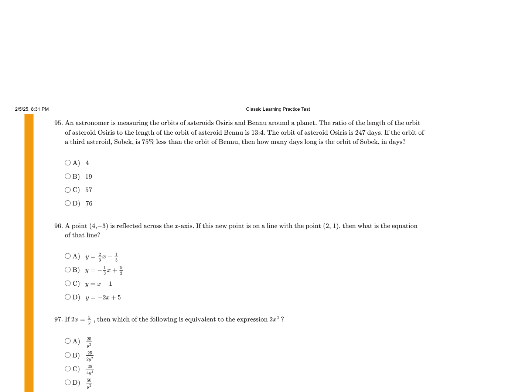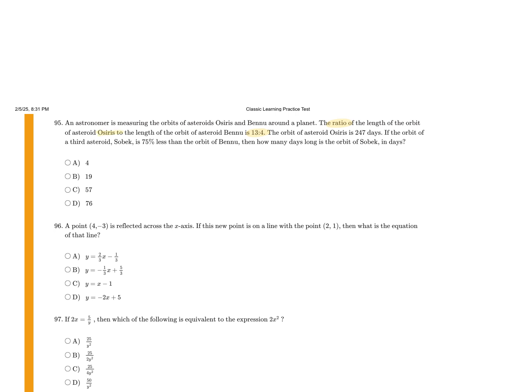Okay, number 95. An astronomer is measuring the orbits of asteroids Osiris and Bennu around a planet. The ratio of the length of the orbit of asteroid Osiris to the length of the orbit of asteroid Bennu is 13 to 4. Okay, so we got vocabulary words here. We see we're dealing with ratios, and it says 13 to 4.